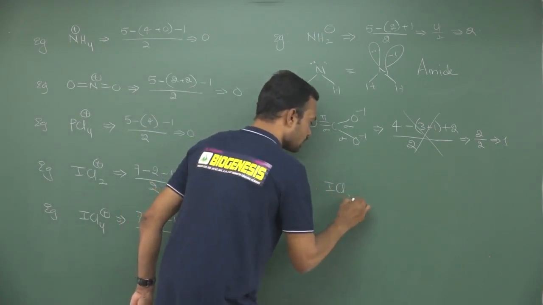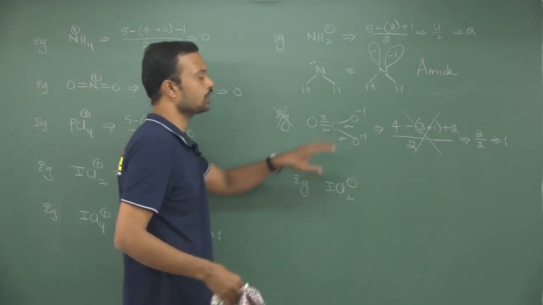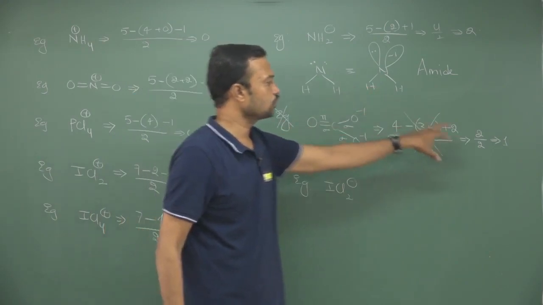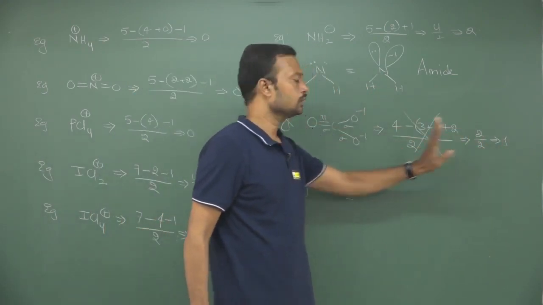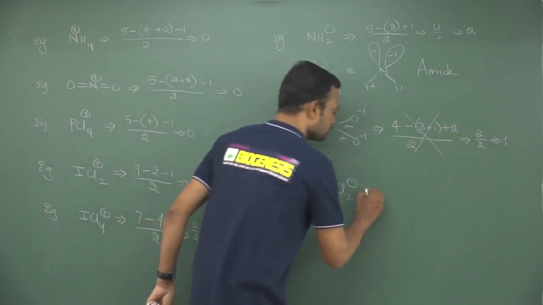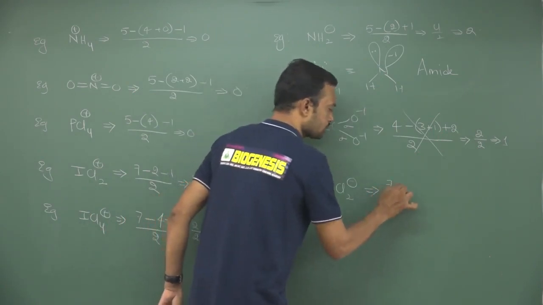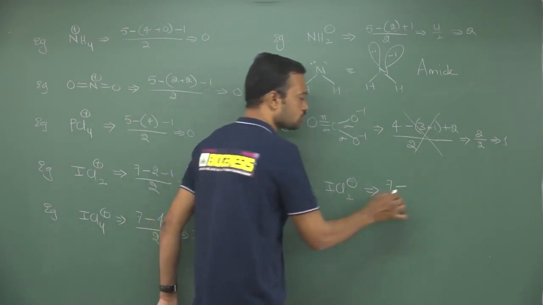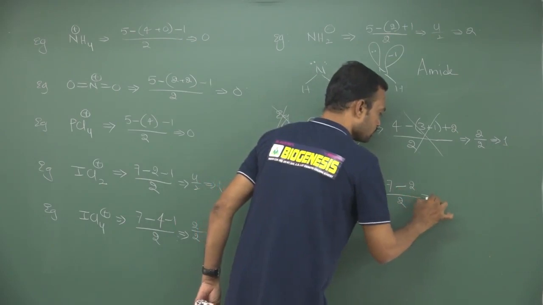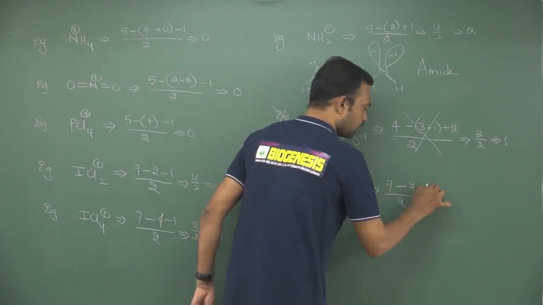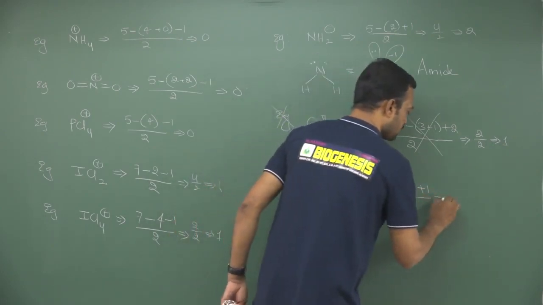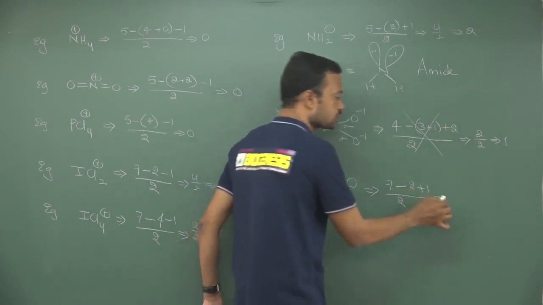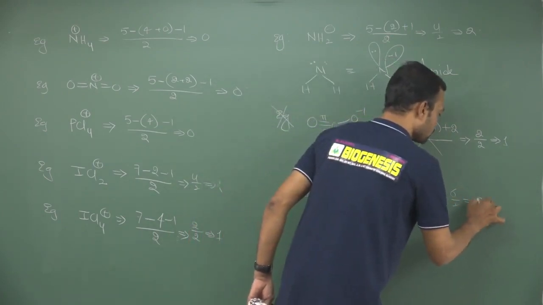Okay. So this is ICl2 minus 1. See, it is participating in resonance, so most probably that won't give any kind of structure like that. Okay. So here ICl2 minus, see, now you can get the answer. So this is 7 minus, total number of sigma bonds are 2 by 2. So here minus 1 means we need to add plus 1. So finally, see, 7 minus 2, 5, 5 plus 1, 6, 6 by 2, you will get 3 lone pairs of electrons.